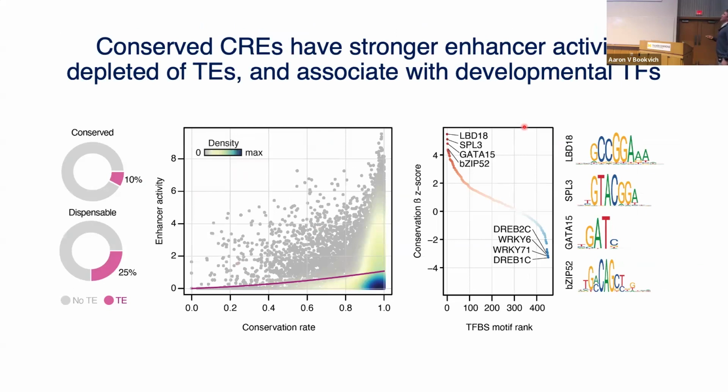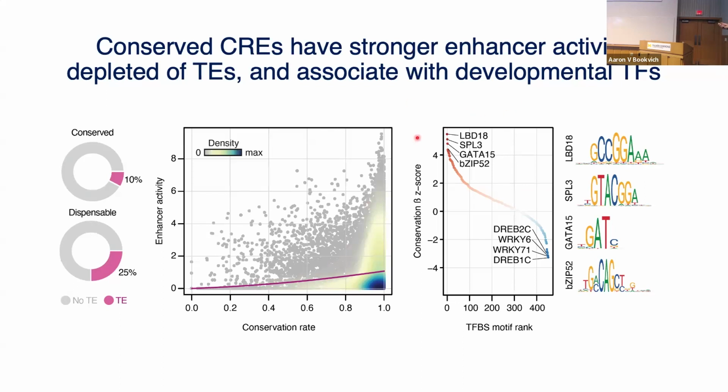Another indication that things that are conserved are important is that we can map STARR-seq data back onto these regions, and we find that regions that tend to be more conserved have much higher levels of enhancer activity. And then the nail in the coffin for me is that we can also train a model to see what are important predictors of conservation within an accessible region.